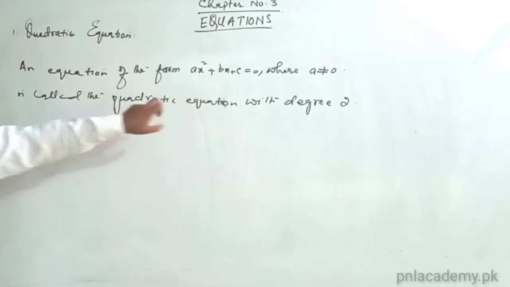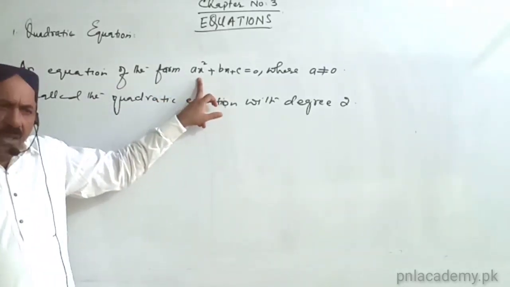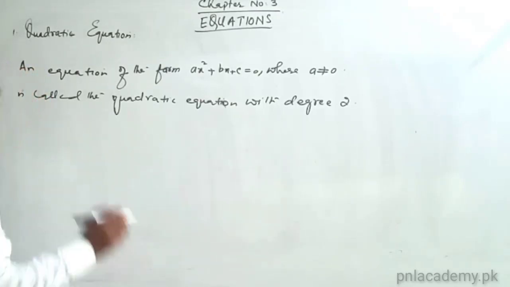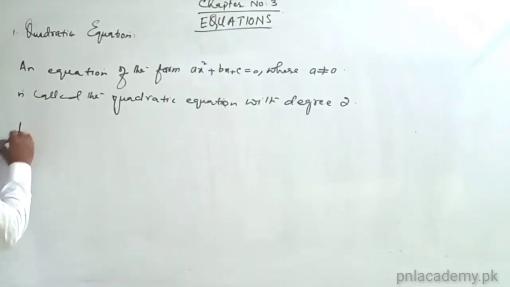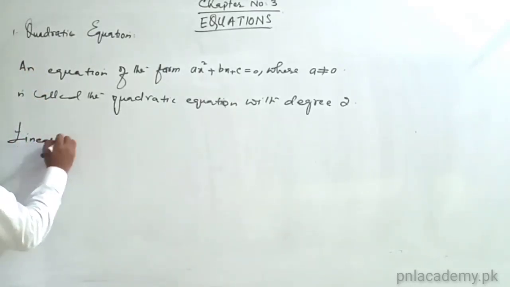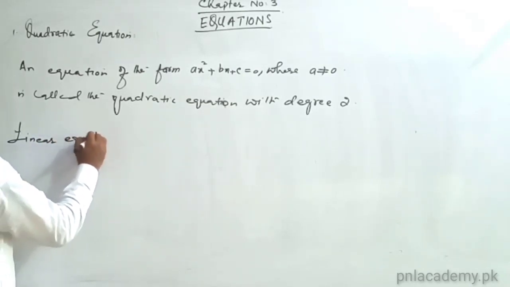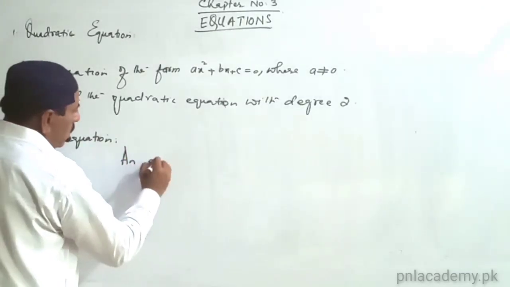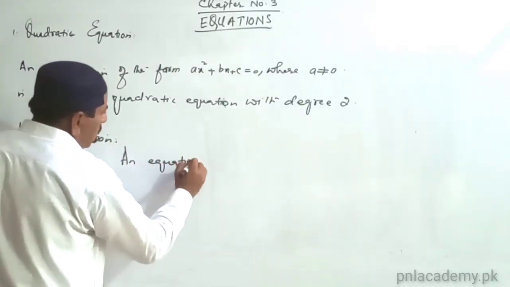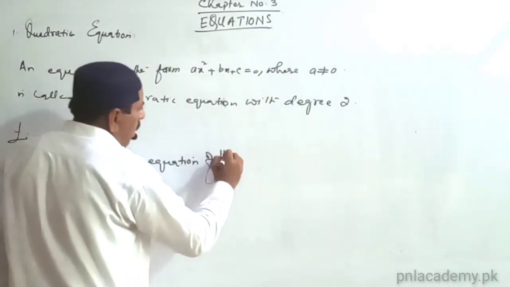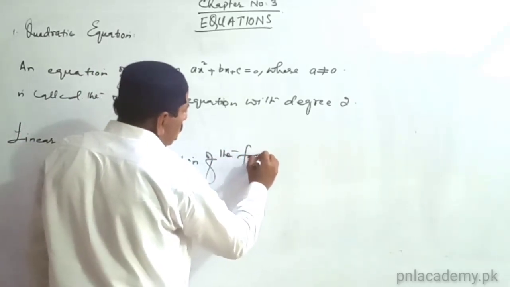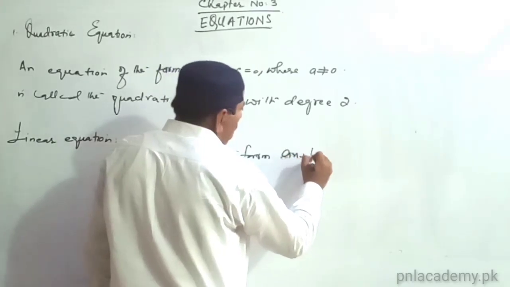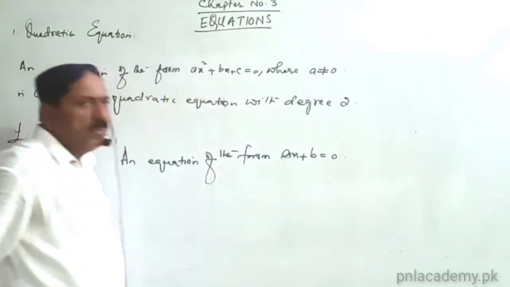So if we reduce the x square degree, now it will remain bx plus c. So according to the definition of linear equation, an equation of the form ax plus b is equal to 0.